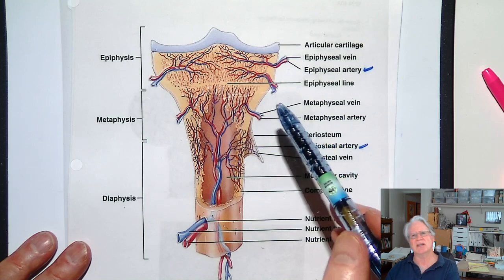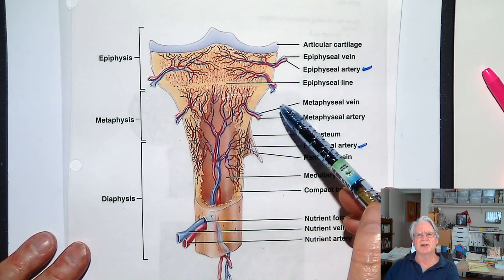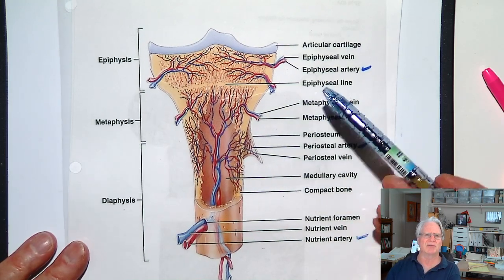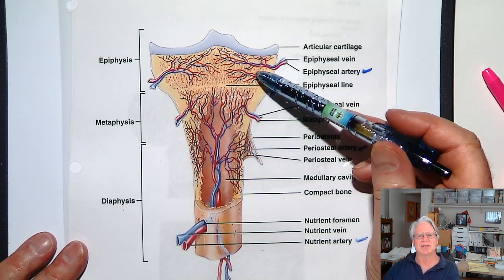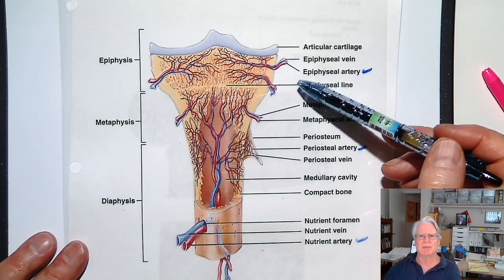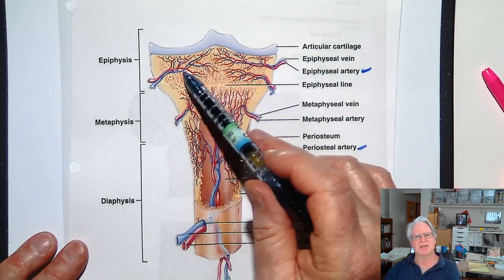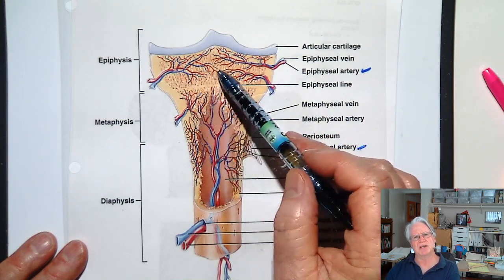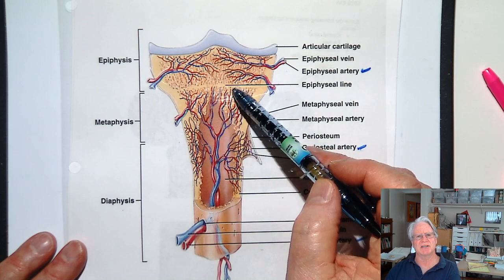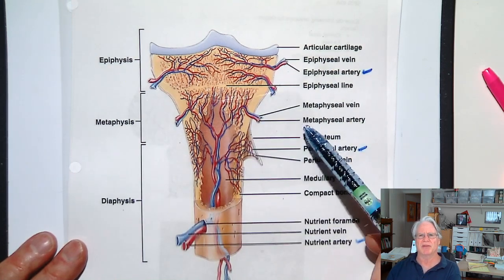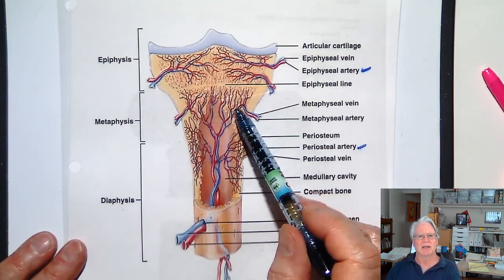And so you can see which arteries are supplying what part of the bone is very easy. The epiphyseal artery is going to supply the epiphysis, which is all of this region here, extending a little bit down into the metaphysis, where the metaphyseal arteries are concentrating.